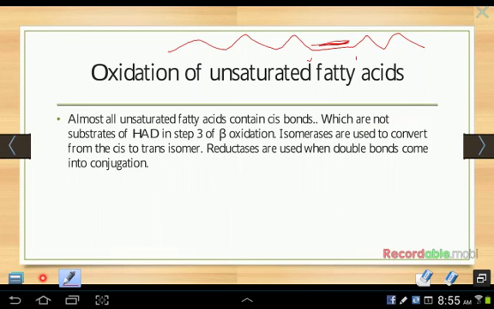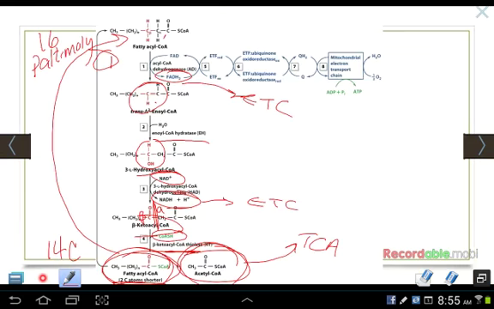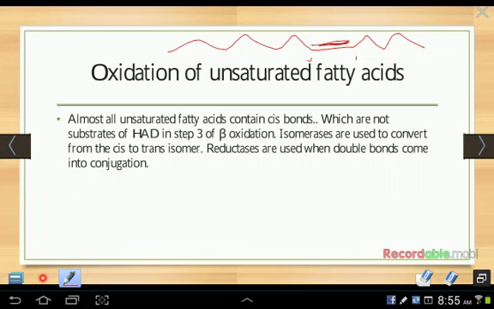If we look back, if it was a trans double bond, it wouldn't be an issue, because that's actually the product of step 1. However, most unsaturated fatty acids contain cis double bonds. You can go back to chapter 9 to talk about why we would use cis double bonds versus trans double bonds in nature. But these are not substrates of HAD in step 3 of beta oxidation.